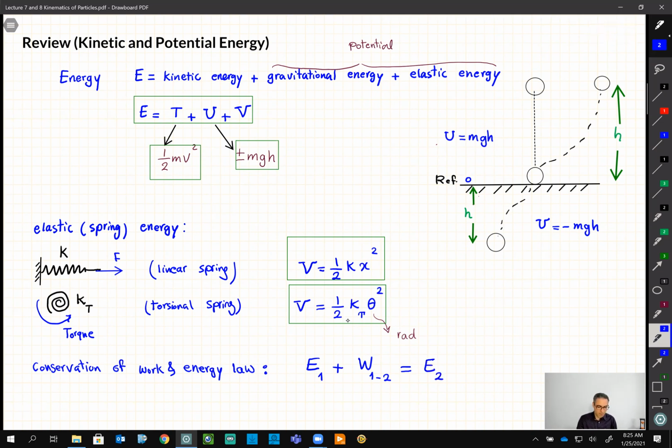Or some people like to write it as work from 1 to 2 is equal to E2 minus E1, the change in energy. They're all the same.